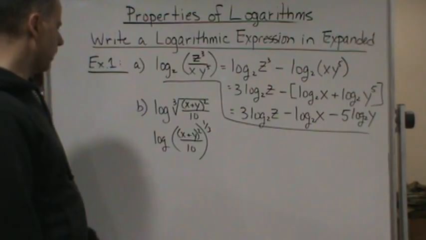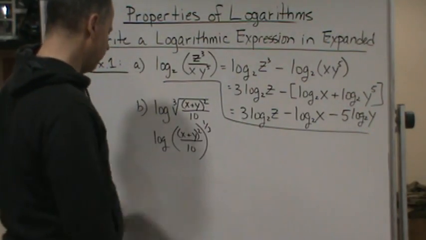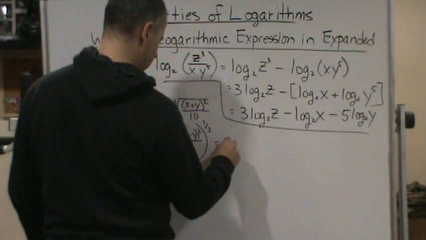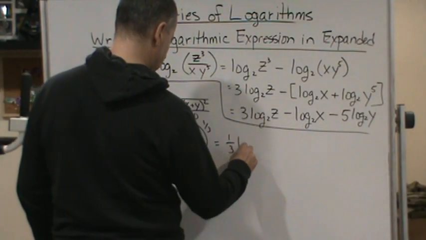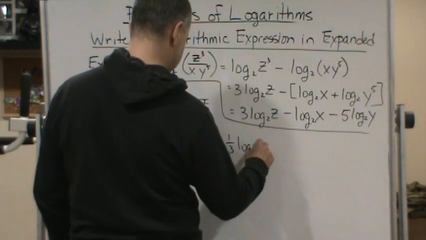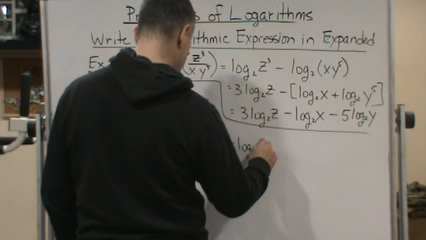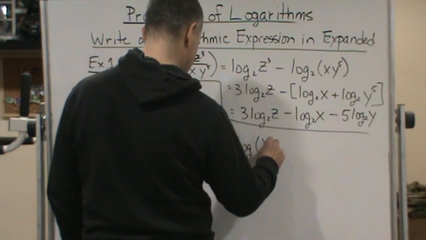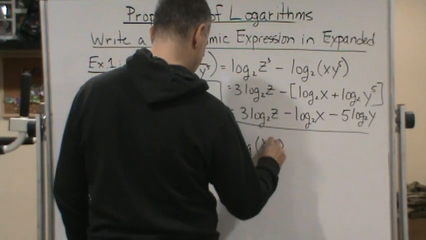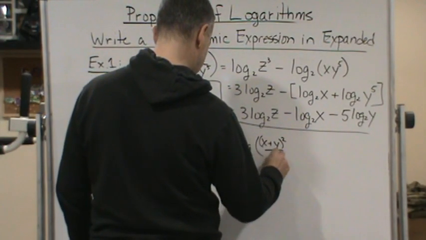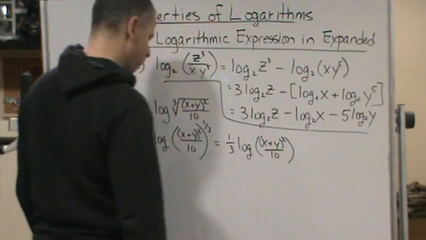But let's just pull it out in front. So that's going to give me 1/3 log of the quantity x plus y squared over 10.